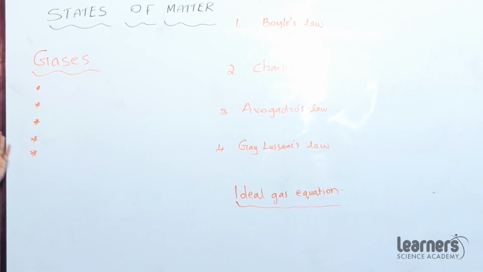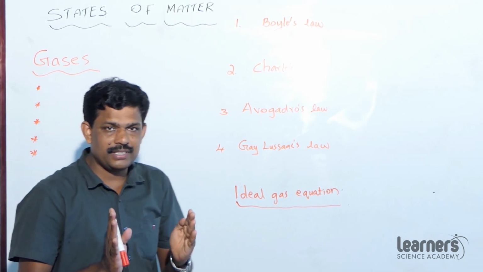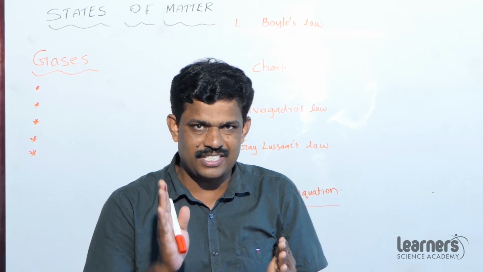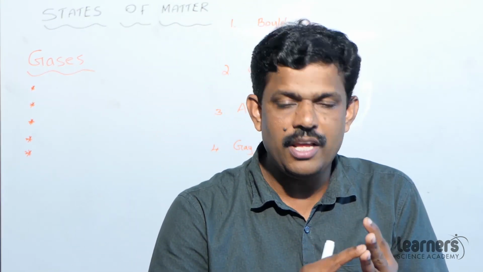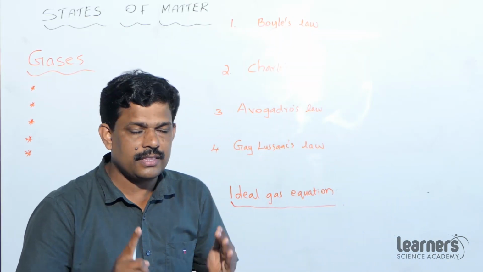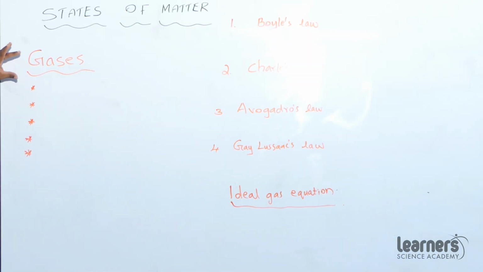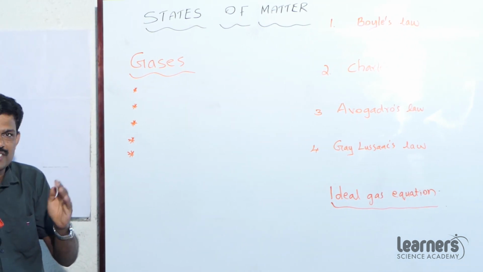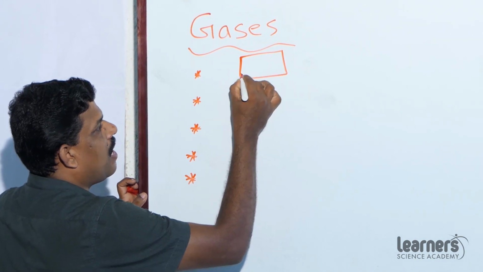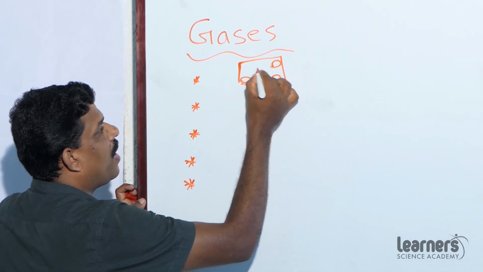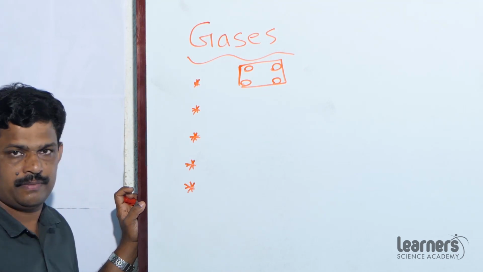Gaseous state. We know among the first three states of matter, solid, liquid and gas, the third state of matter is gas. The general properties of gases are: first, in gases, molecules are far apart from each other.